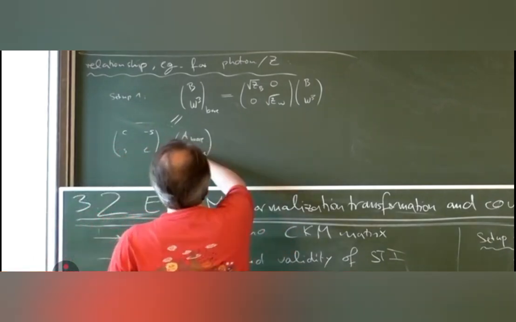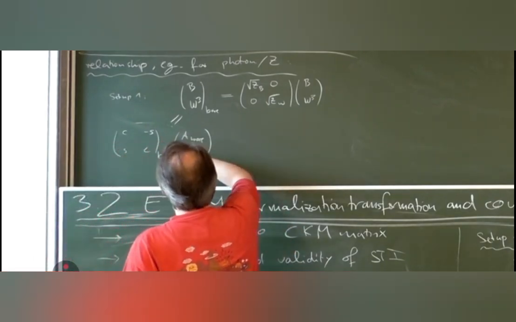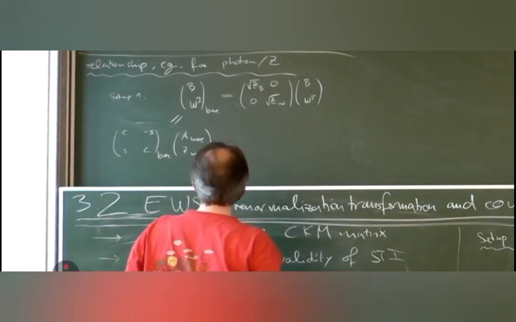Then you have a bare Lagrangian expressed in terms of a bare photon field and a bare Z field.